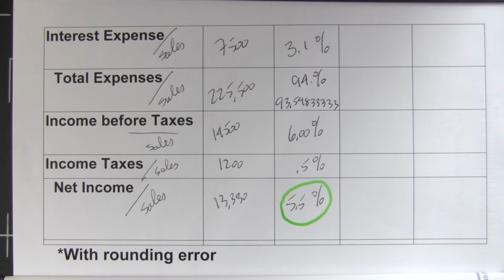You can use that for benchmarking because all of these numbers are available from their financial statements. Their income statement has all of these numbers. You can do these computations. And you may be asked to compare your firm, your entity, your department with either last year or another department or a similar industry.